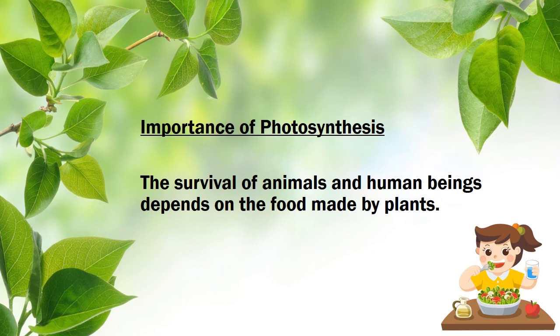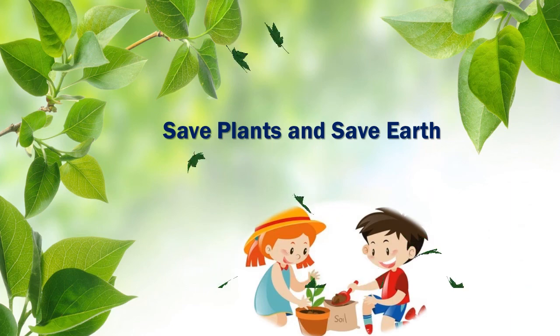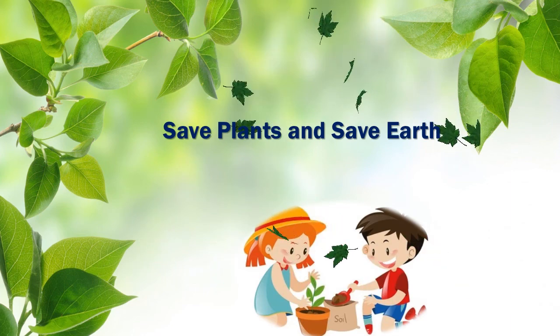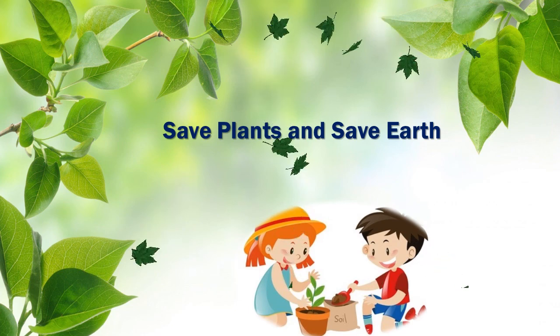The survival of animals and human beings depends on the food made by plants. In the absence of photosynthesis, there would be no plants on this earth and hence no animals and human beings will survive. So, without plants, we could not survive. So, save plants and save earth.